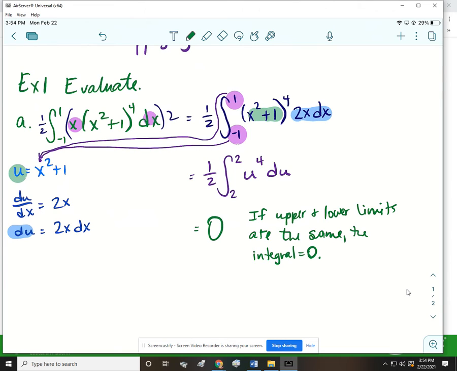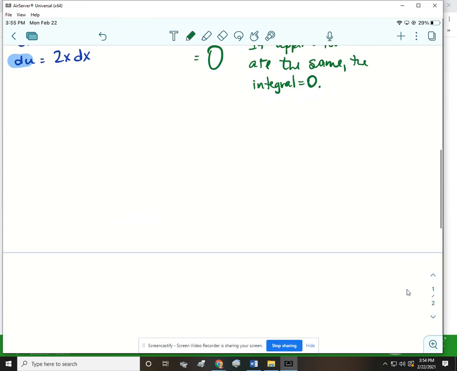Okay. So if you notice that, you do not have to find the integral. You can just go ahead and say that it equals 0. Okay, so let's look at another one. We'll actually have to finish it up.